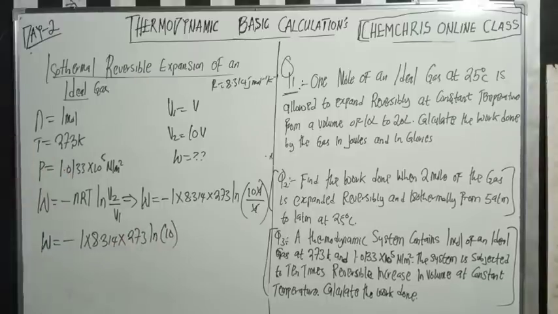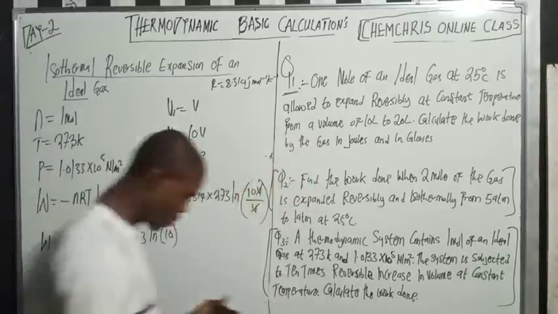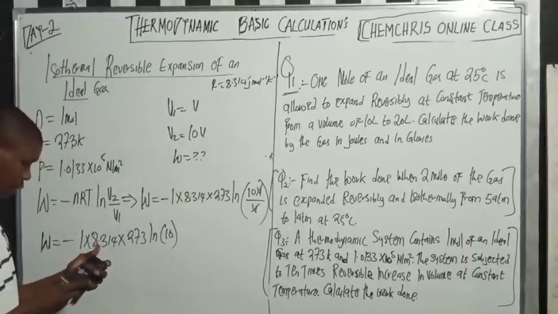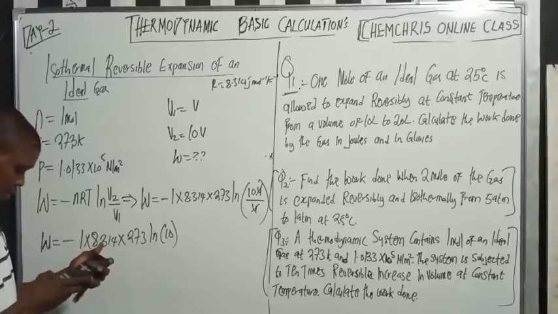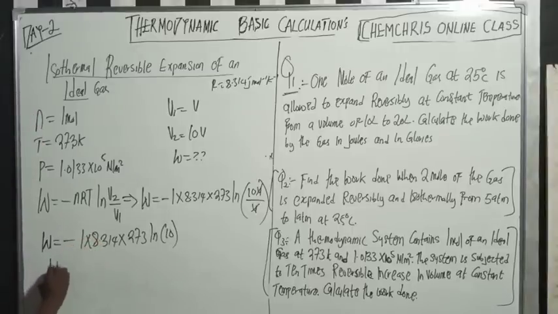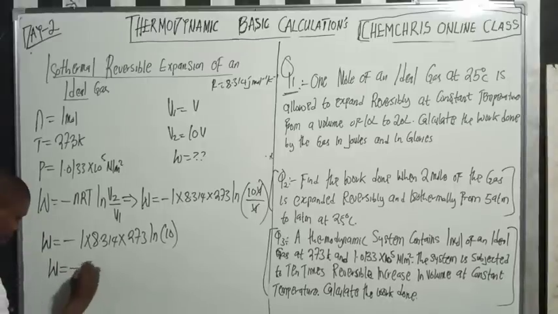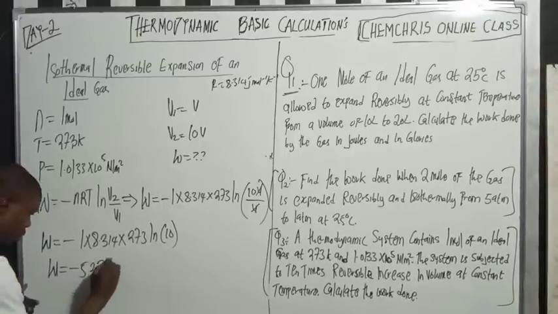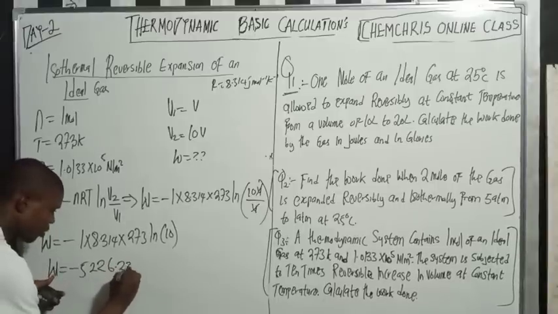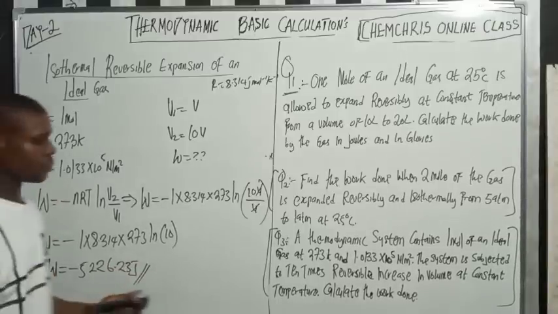So W here equals minus 5226.23 joules. That is the answer.